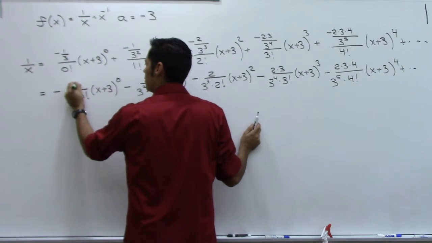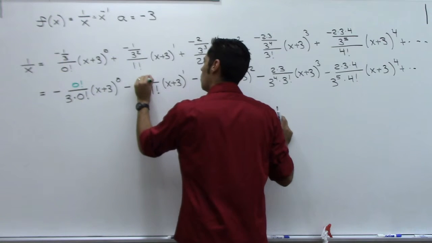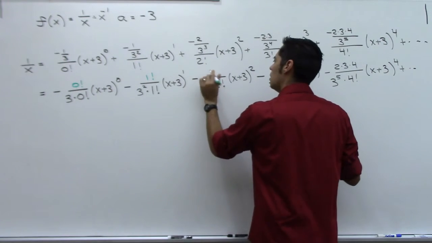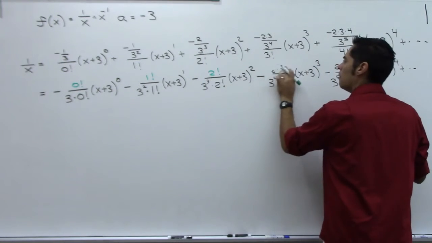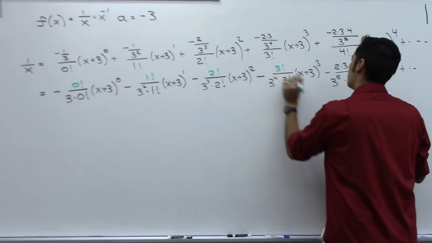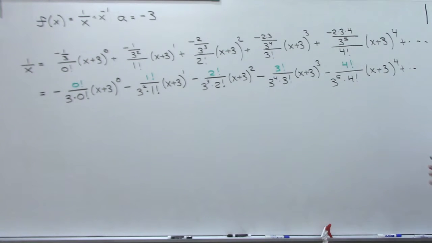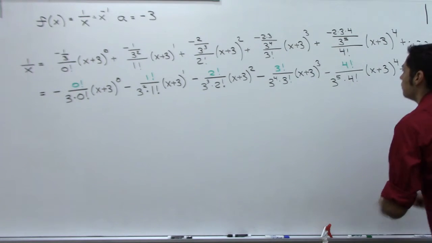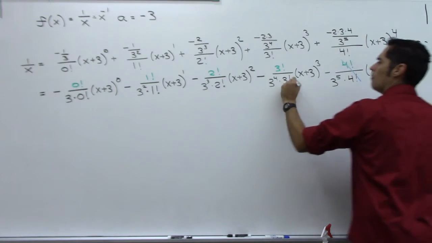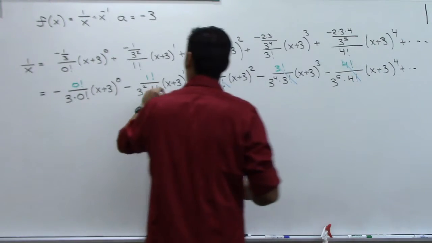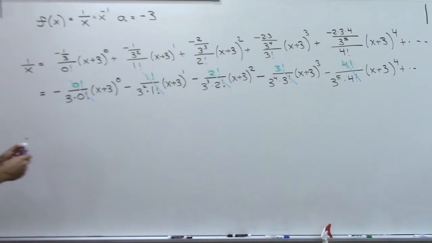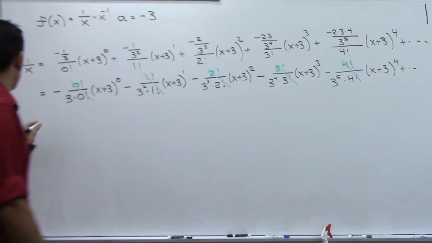So let's rewrite those: 0 factorial, 1 factorial, 2 factorial, 3 factorial, 4 factorial, and that would continue. And do you see that they cancel with the denominator? So all we really have is this.